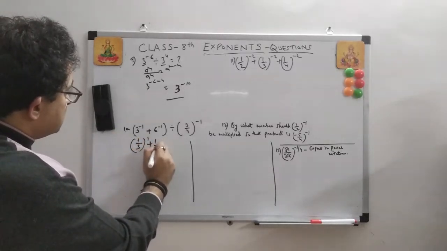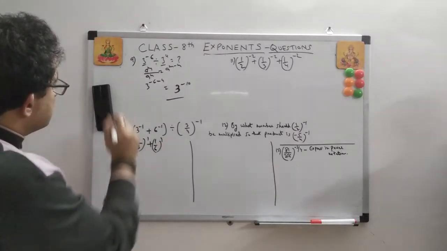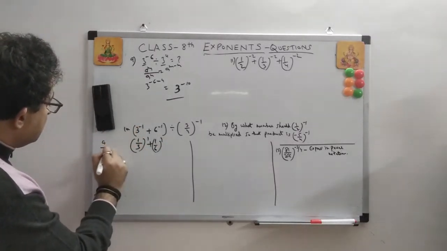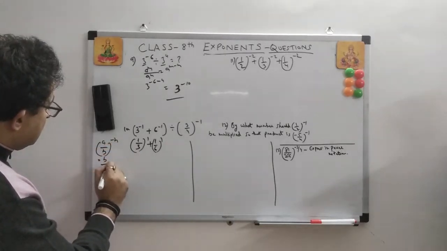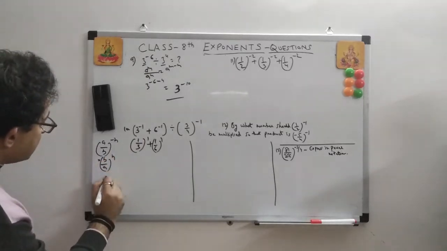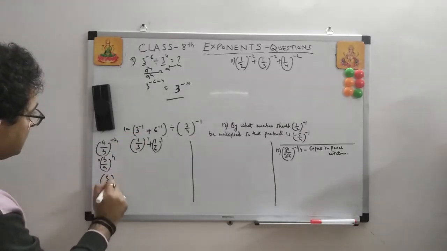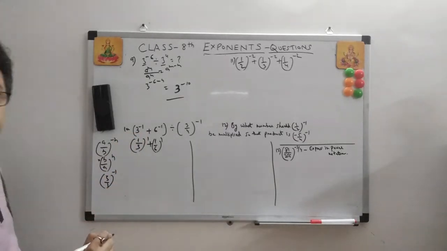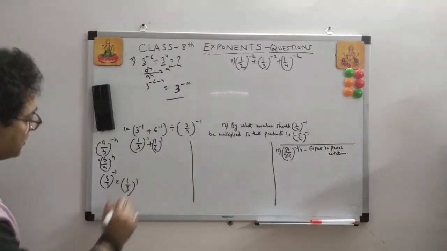This can be written as 1 by 6 to the power 1. This formula comes from (a/b) to the power -n is equal to (b/a) to the power n. This 3 is simply 3 by 1 to the power -1, so you can write this as 1 by 3 to the power 1.